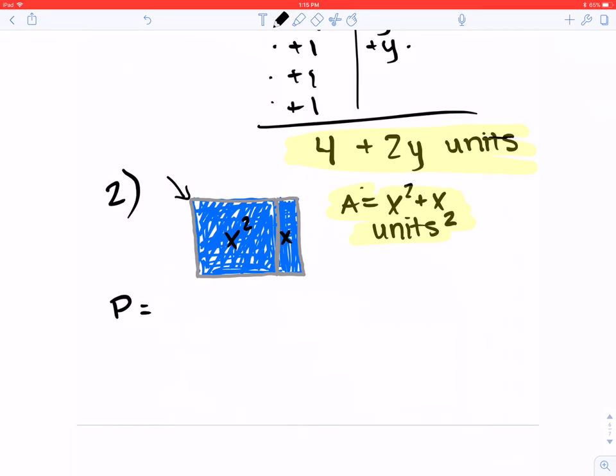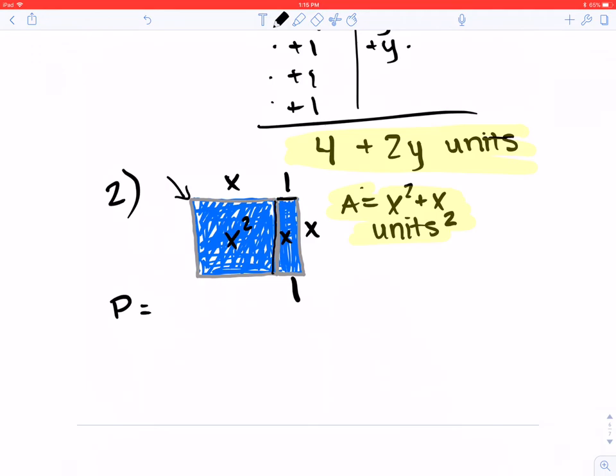The side of an x squared tile is not x squared. That is the area. The side of an x squared tile is just like we see here. It's x. So we have x, and the top side of an x tile is 1. The side of an x tile is x. The bottom of an x tile is 1.